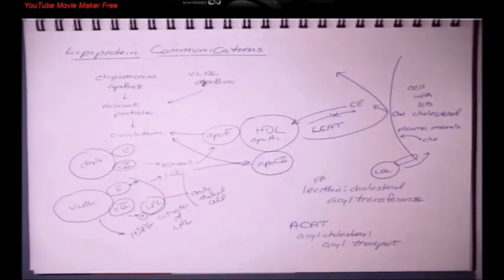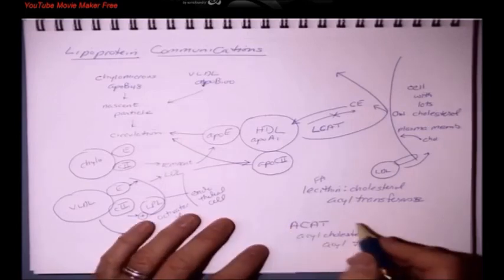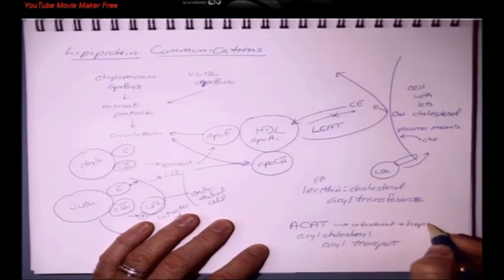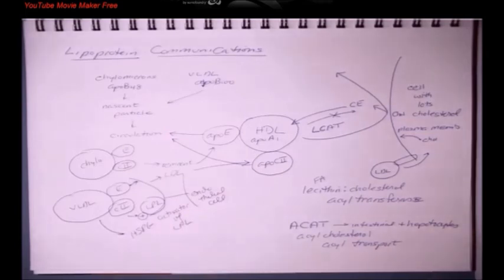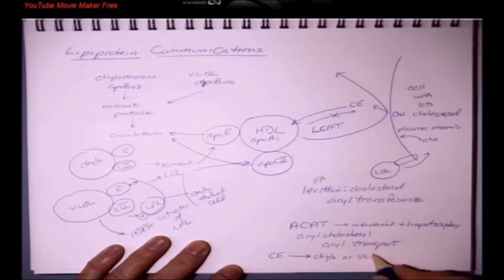ACAT. This enzyme is located inside intestinal cells plus hepatocytes. And its job is to take cholesterol esters and add them to either a chylomicron, if you're an intestinal cell, or VLDL.